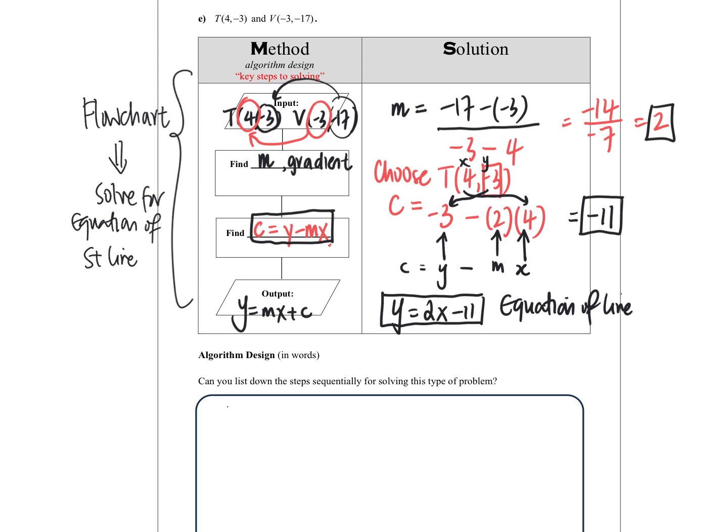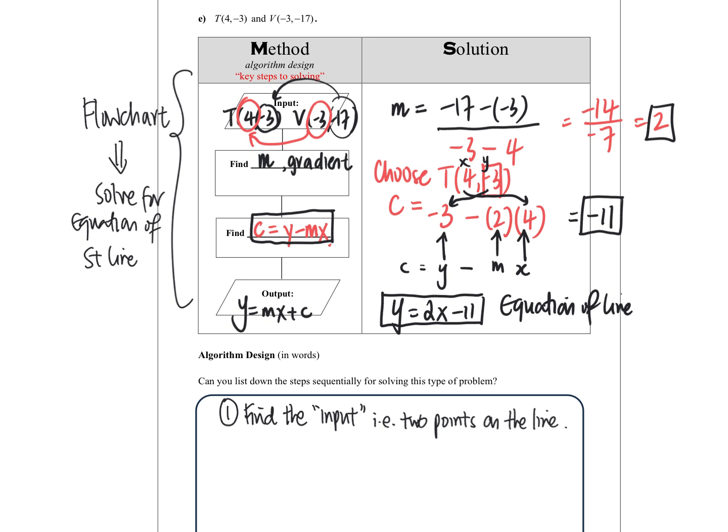So can you tell me, when you want to solve this kind of question, what's the first step you need to do? Find the input. In this case, the input is the 2 points on the line. That is your first step.